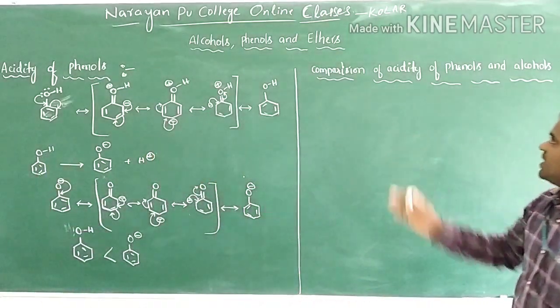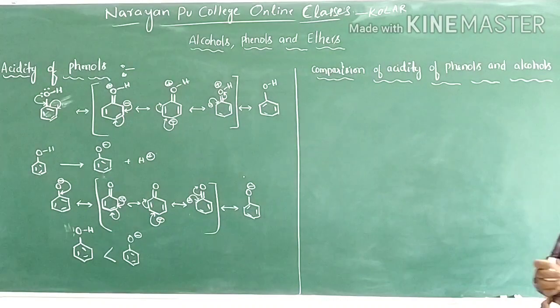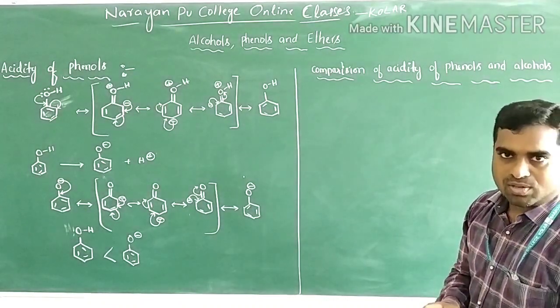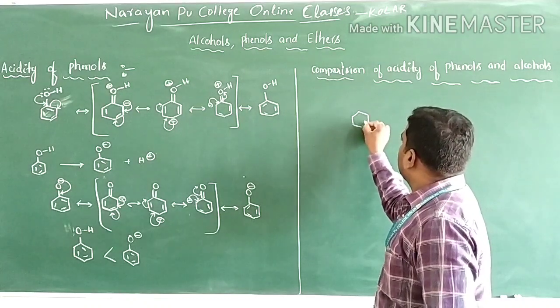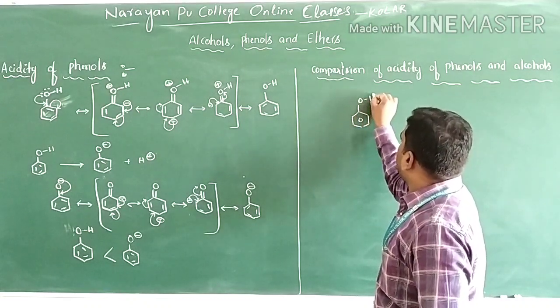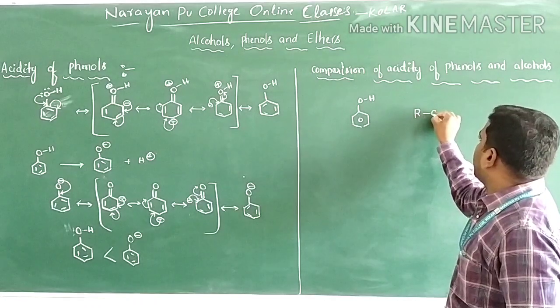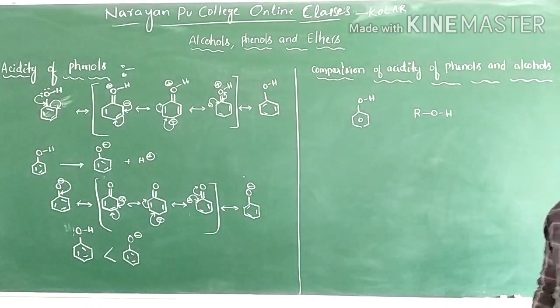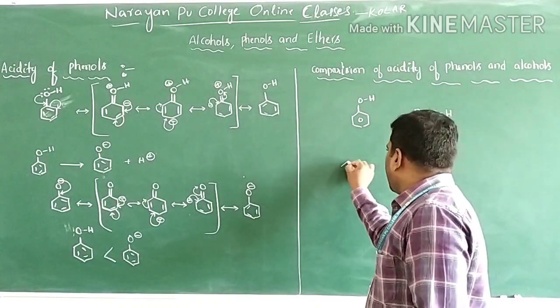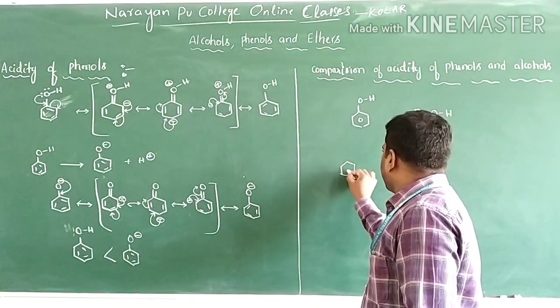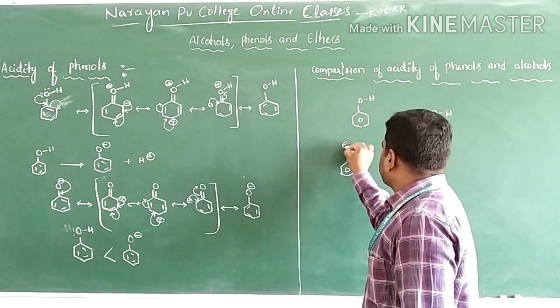Now the next concept is comparison of acidity of phenols and alcohols. Suppose phenols, you already know, this is phenol, OH. Alcohols, I simply write ROH. First of all, write the anion by removing the H plus ion.